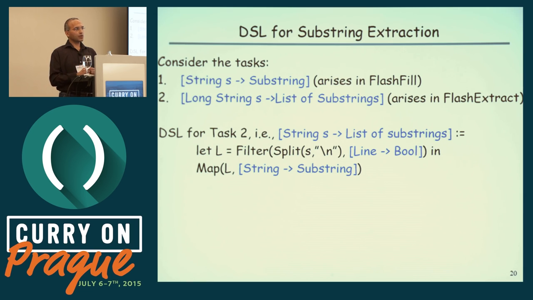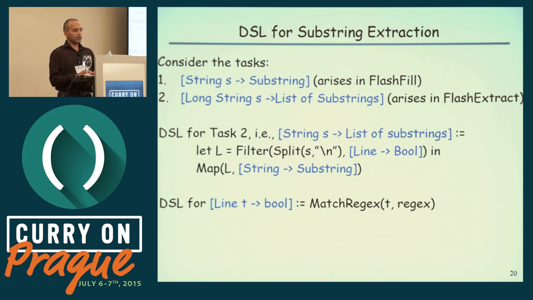Then you map those selected lines to substrings within those lines using a map operator. The language for the filter expression can, for instance, say that I want those lines that match a certain regex, or I want those lines such that the previous line matches a certain regex. And the language for the function inside the map operator can be the same substring language that I just showed you earlier, the same substring operator.